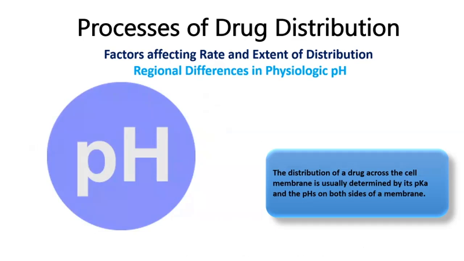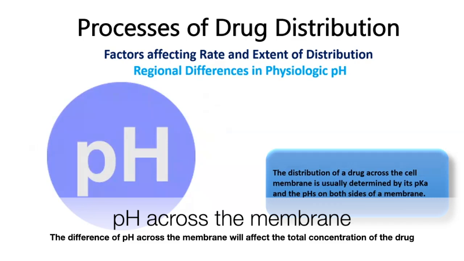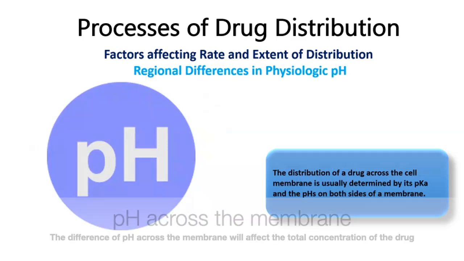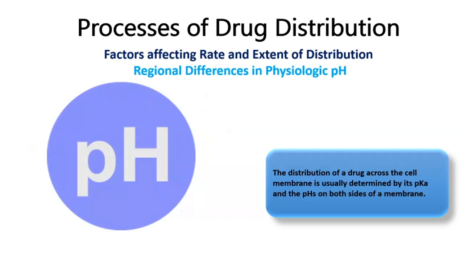The distribution of a drug across a cell membrane is usually determined by its pKa and pH on both sides of the membrane. And the difference of pH across a membrane influences the total concentration of drug on either side, since it's moving by diffusion.